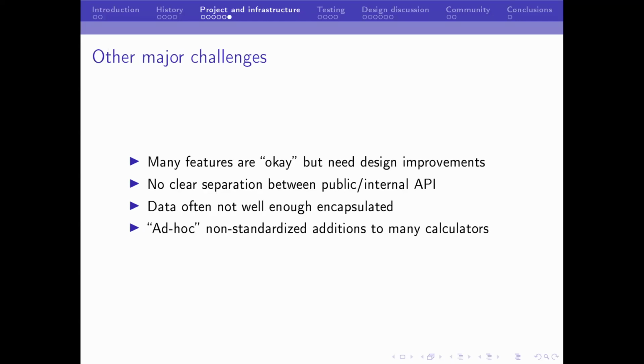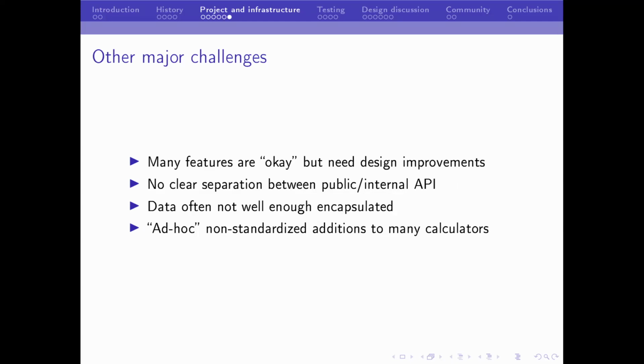So the other thing is that since ASE has grown a little bit randomly, depending on what kind of simulation people needed, we often get these improvements or features that do the job, but they're maybe not the best designed.